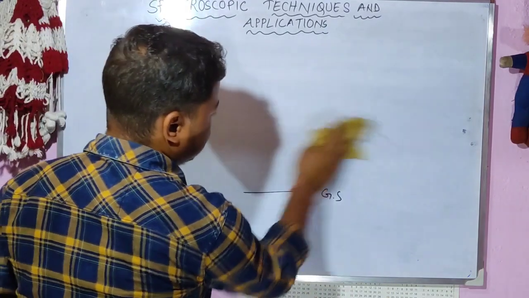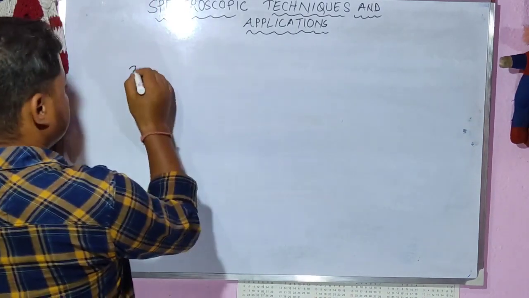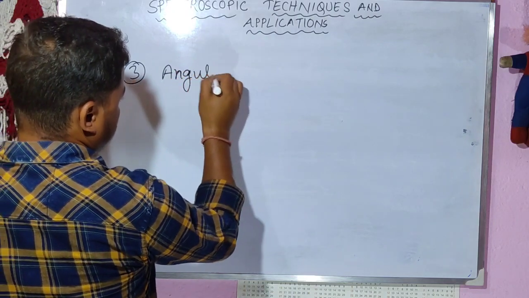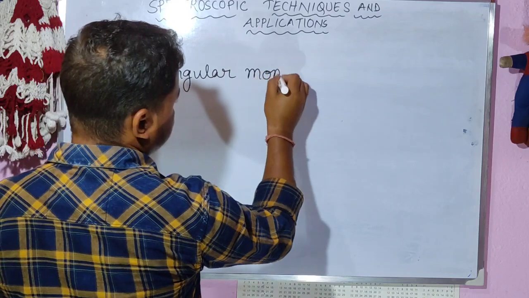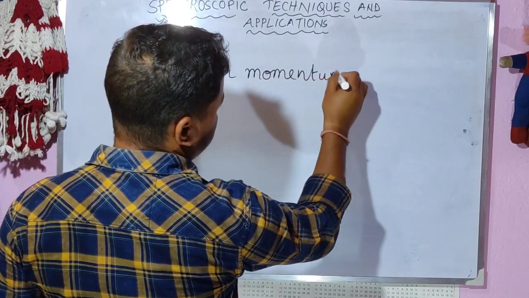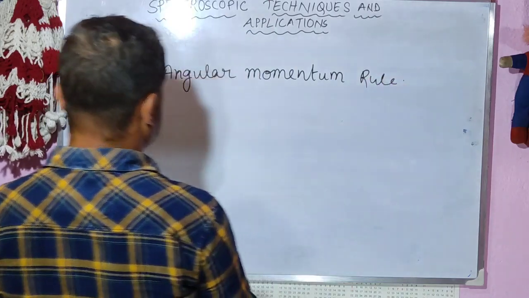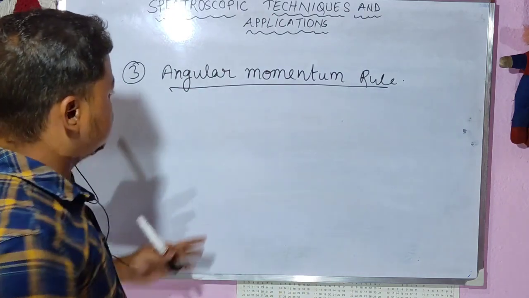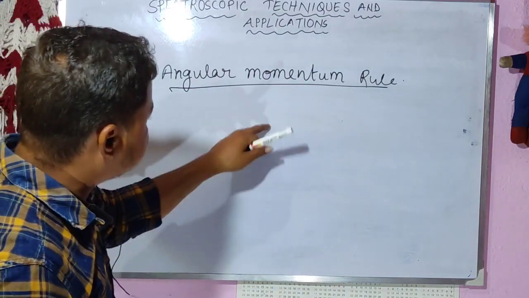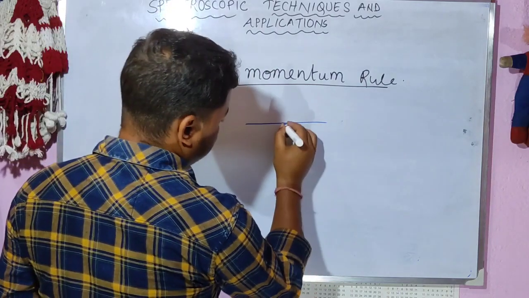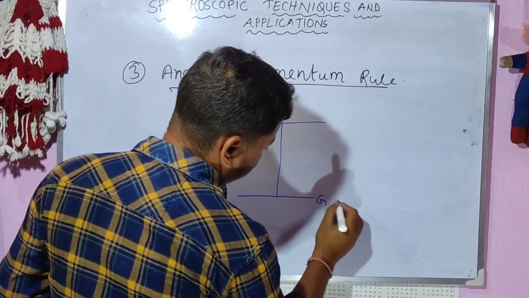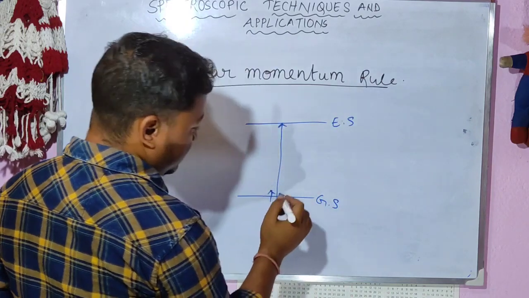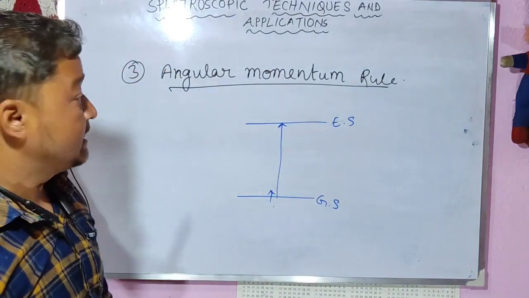And third is the angular momentum rule. During transition, the electron goes from ground state to excited state.